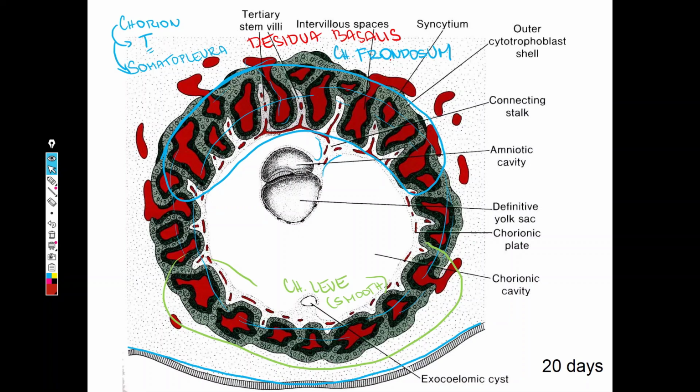We further distinguish decidua capsularis, or the decidual capsule, which is on the other side, where we can find the smooth chorion over here. So this decidua over here is called capsular decidua.